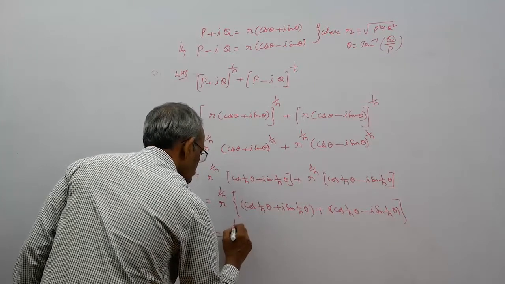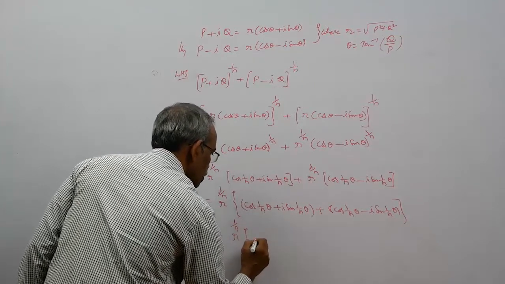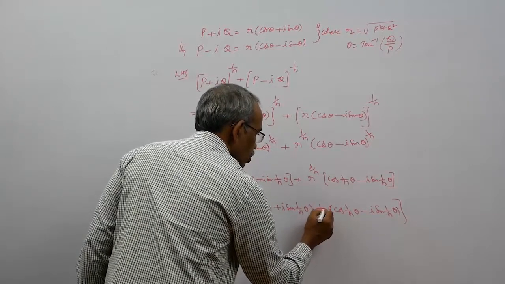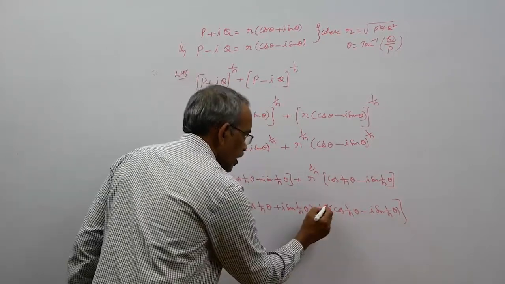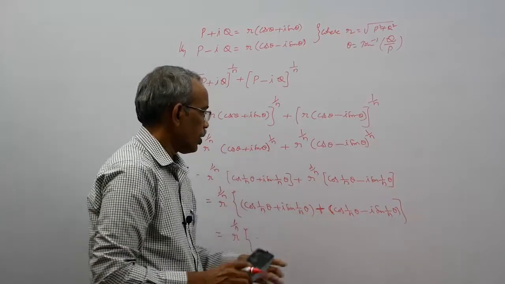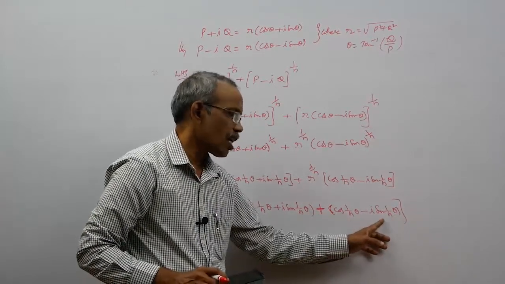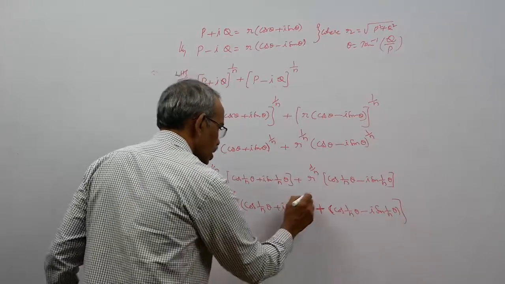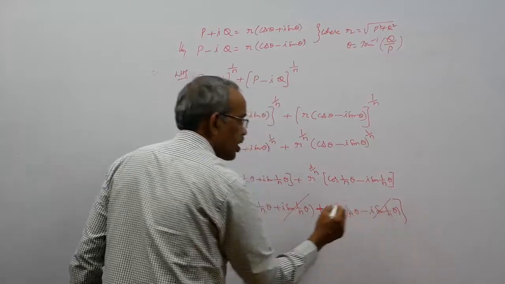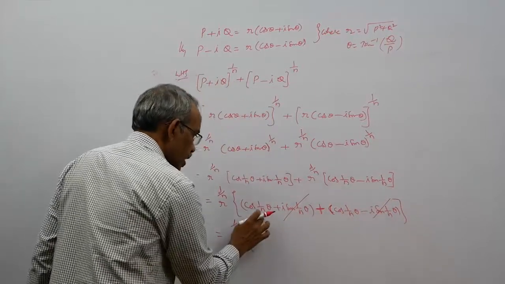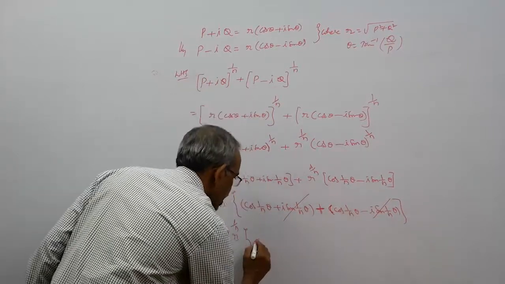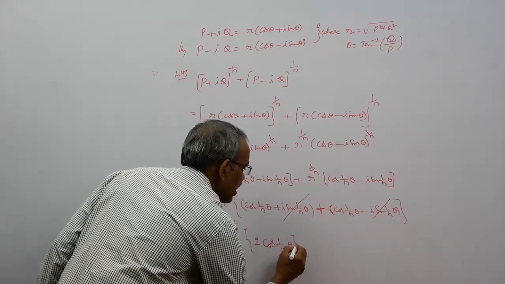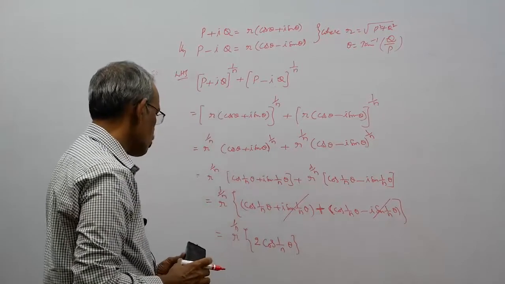By adding these two terms, the signs of the expression are not changed, so i sin 1 by n theta minus i sin 1 by n theta is cancelled. So we get r to the power of 1 by n into 2 cos 1 by n theta.